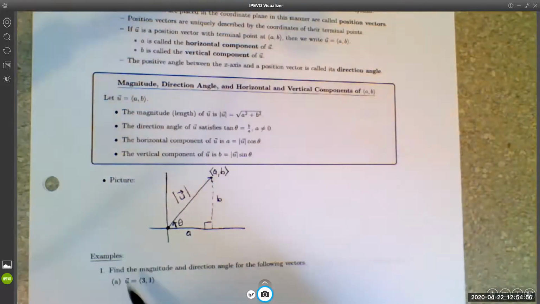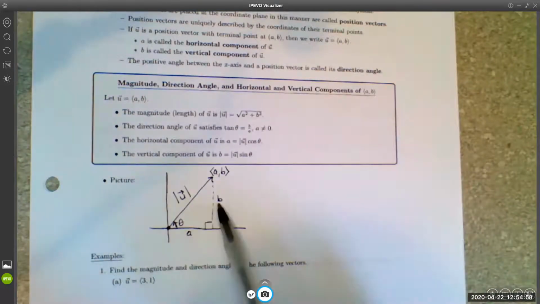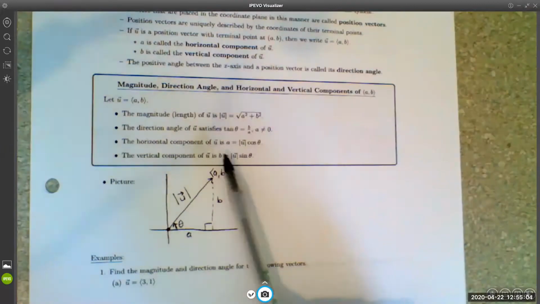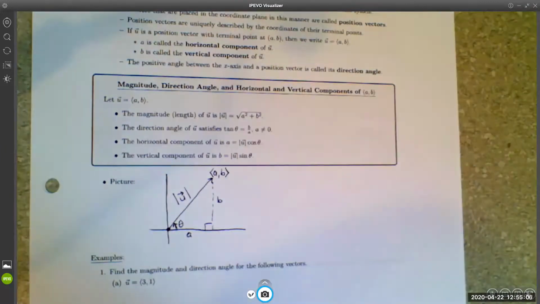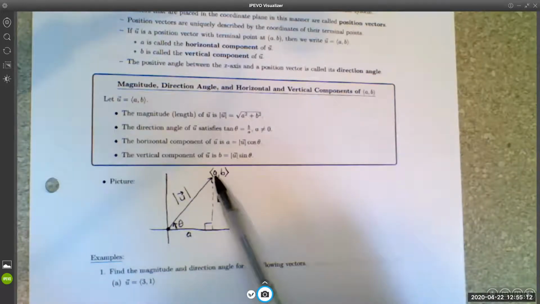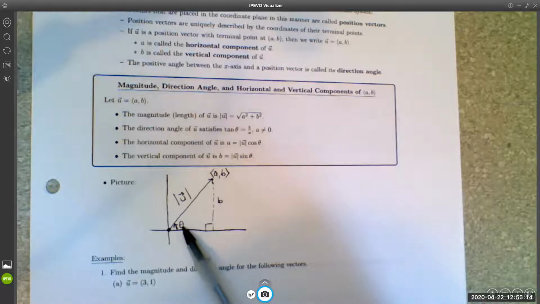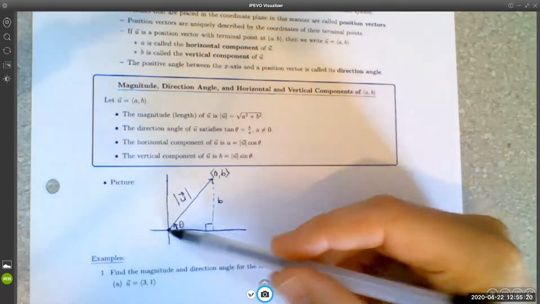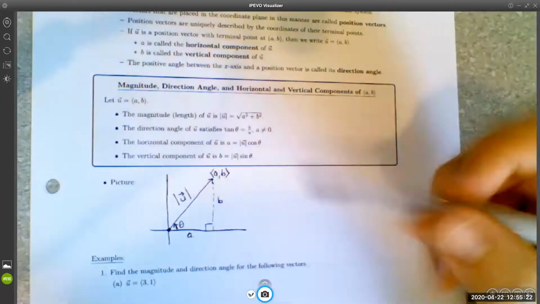So again, you see that tangent theta has to be b over a, just by definition of tangent, right? So that takes care of the second one. The horizontal component. So if we're thinking about u here, if we're trying to describe what a is in terms of theta and the magnitude of u, well, we could say cosine theta is a over magnitude of u, right?